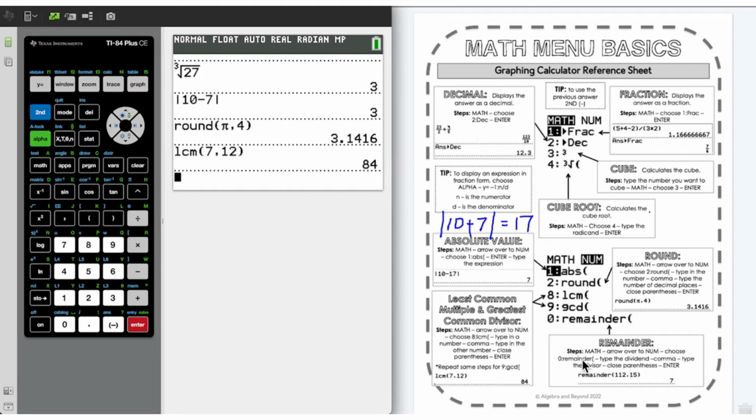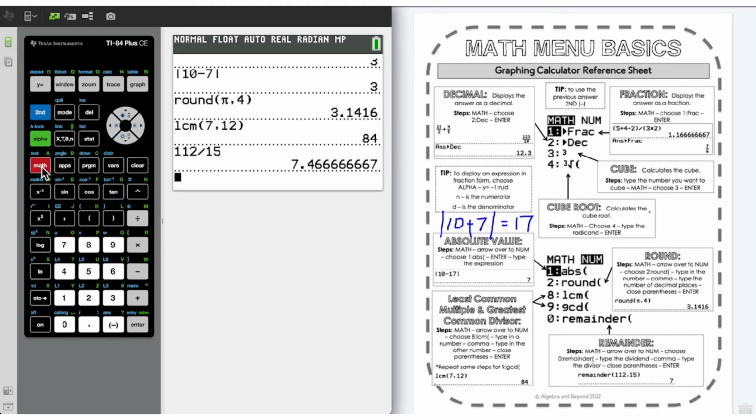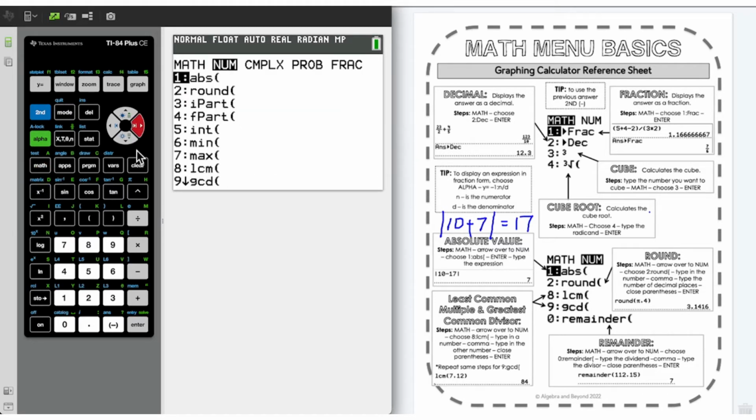And then also remainders. This is a great way for students to check their long division. So for example, if we wanted to say, well, what's 112 divided by 15? Okay, we don't really know what the remainder is, and it's difficult for students to check their long division this way. So one of the easiest ways to do it is going to the math menu, number, and arrow down till we get to remainder.